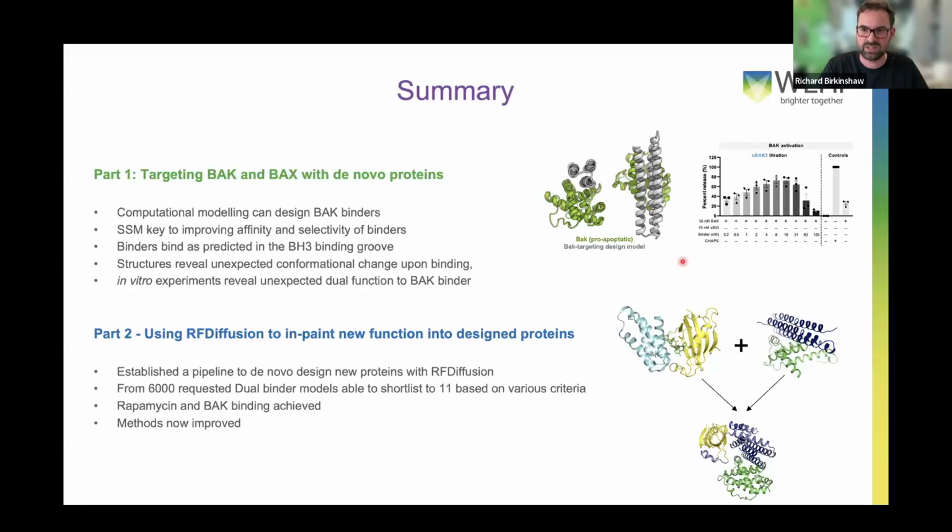And maybe look into other ways to design binders, such as Alphaproteo, which might have a bit more success in getting the affinity you want for the particular site you want. Sounds like there's lots of options and they're getting better and better all of the time.